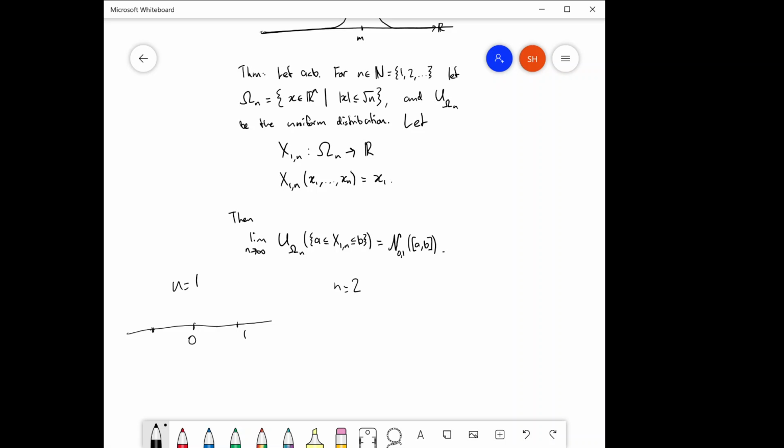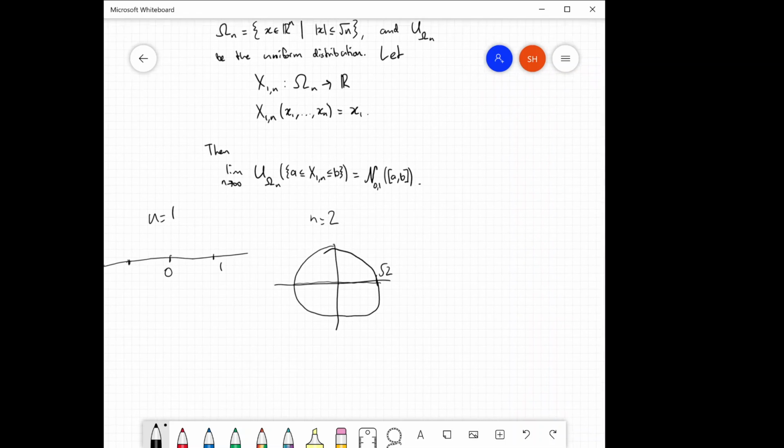If n equals 2, then you've got a slightly larger ball, pretend that's round, where this is root 2, and you're just projecting onto this direction again. In higher dimensions, you keep doing this.